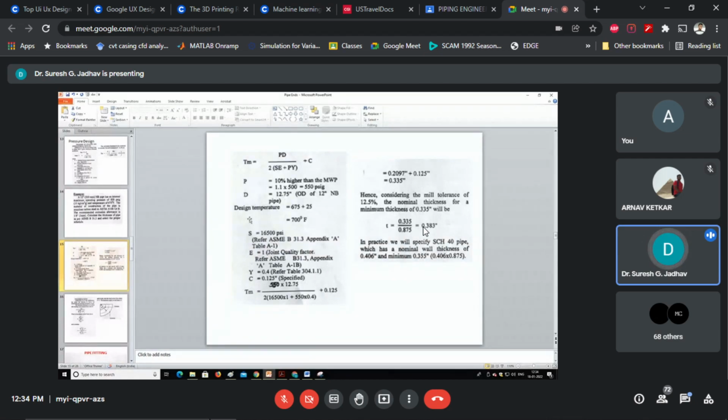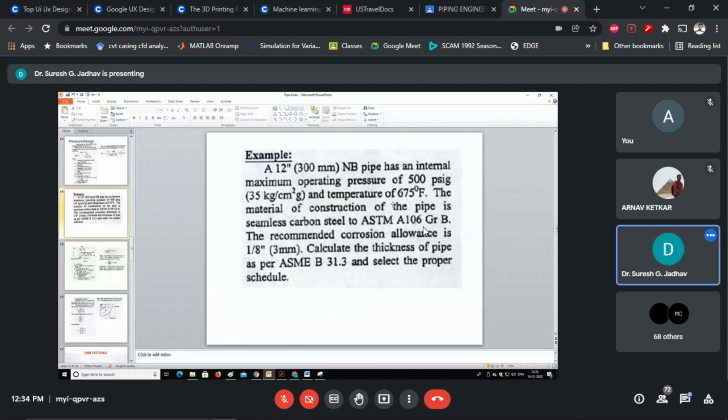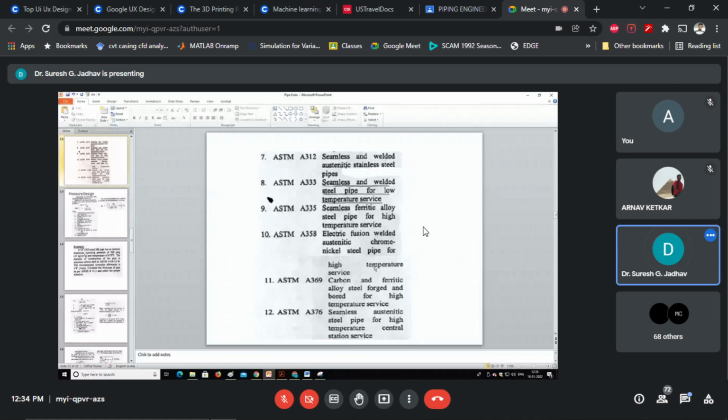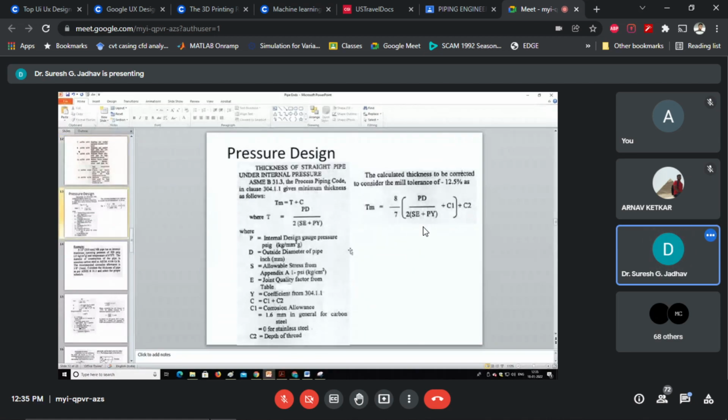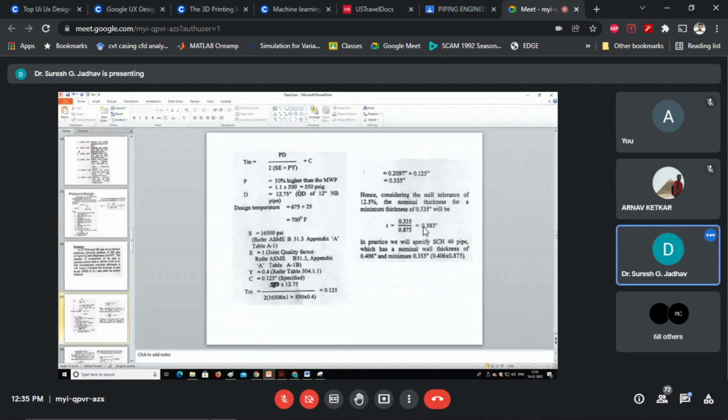The other parameter is design temperature. Here 675 is given, in Fahrenheit. We consider the maximum allowable working pressure to be 10% higher than the maximum working pressure, so we have to consider an addition of 25 degrees for 10%.